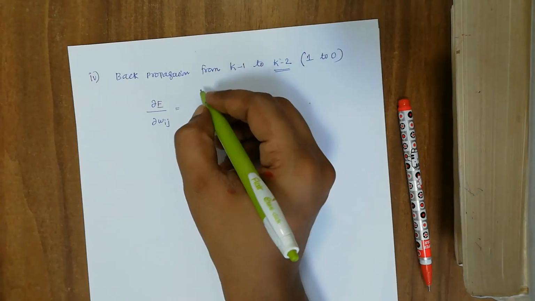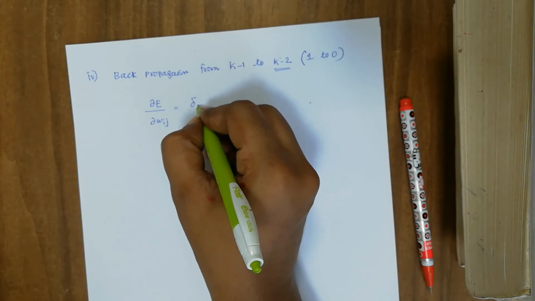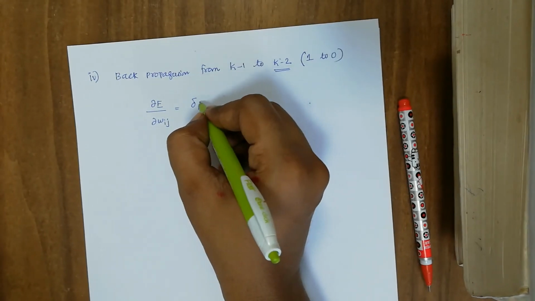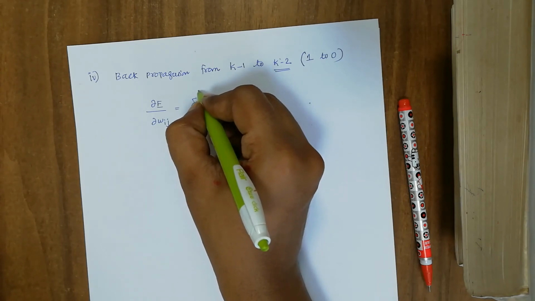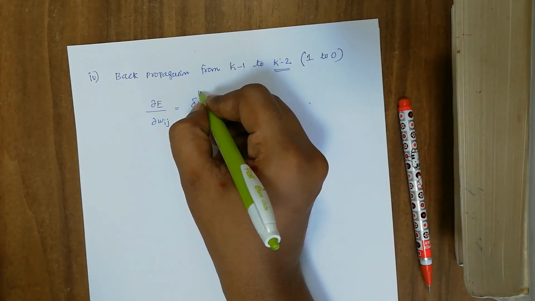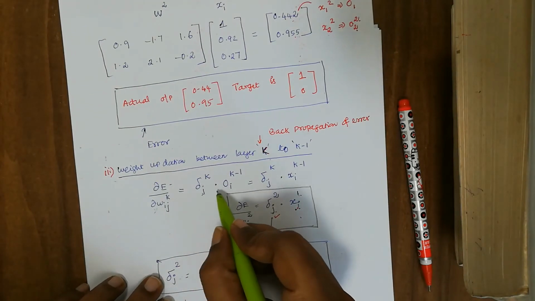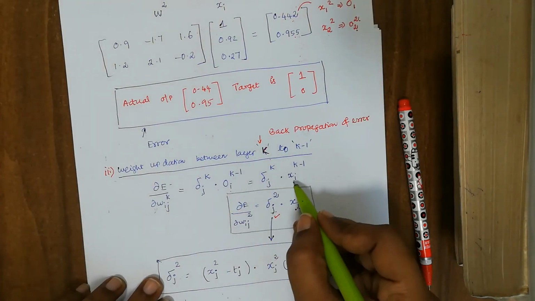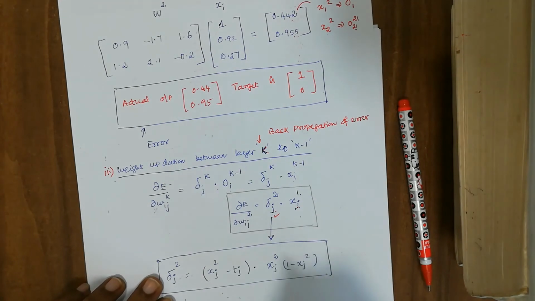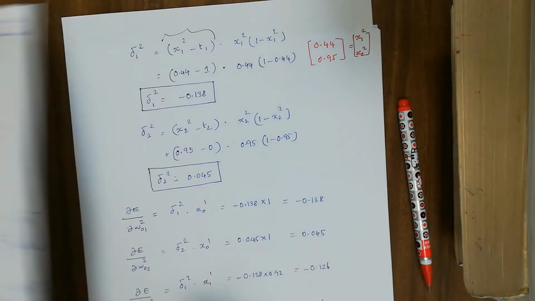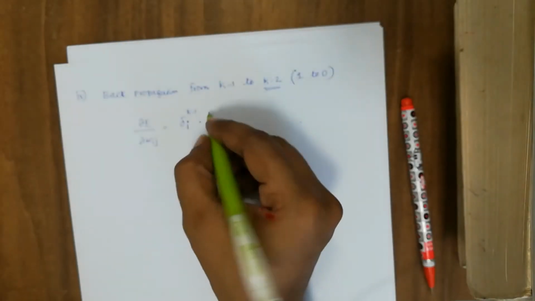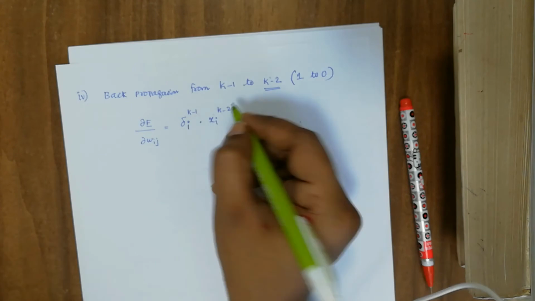What we have given is similarly ∂ at the layer, and we have to mention which layer it is, which is k minus 1, multiplied by the output from the previous layer. So xi k minus 1, now we have to write xi k minus 2, which is the output from the previous layer.